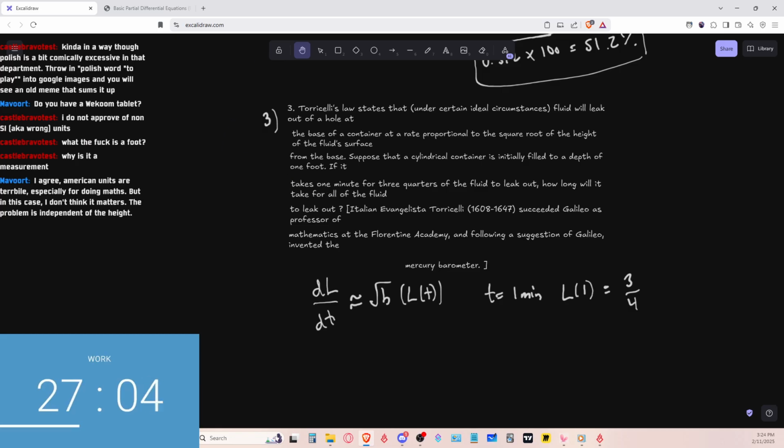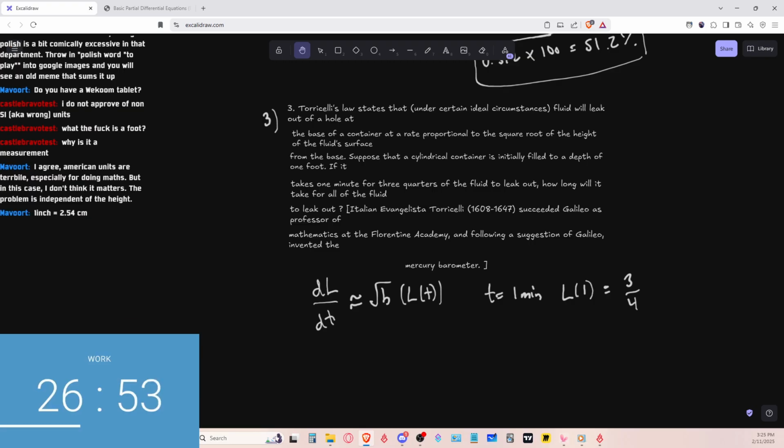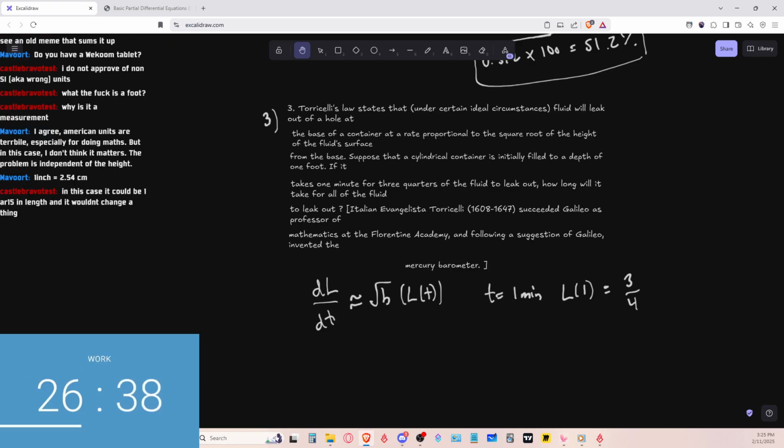I don't like them. But unfortunately, America doesn't want to change to the metric system. I wish they would, though, because we use it in physics and science. So I'm like, why do we have to use it for everyday usage? 2.54. Okay, yeah, centimeters. So I was off by a little bit.